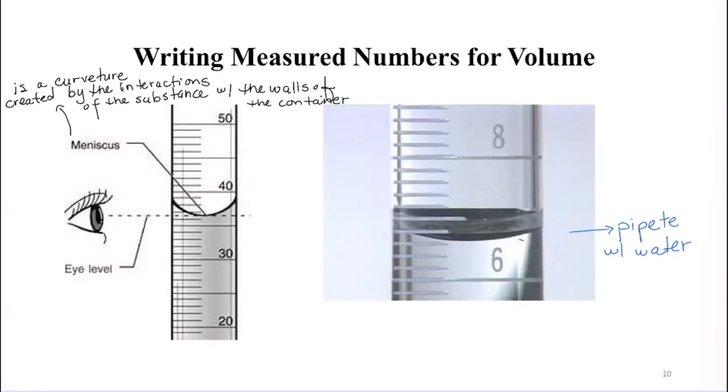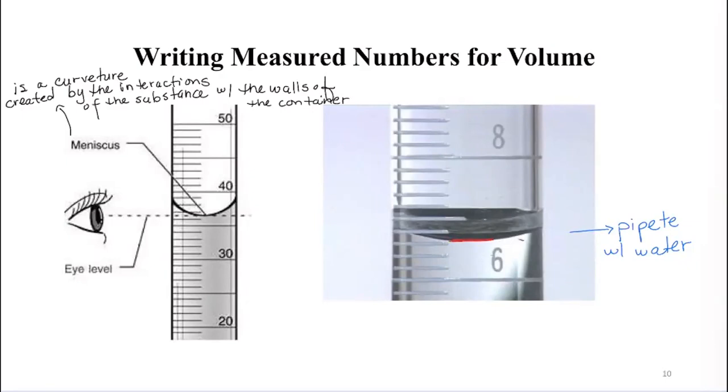Now, when we are measuring the volume of how much water do we really have in this pipette, we need to focus on here. Oh, it's hard to see the line. Let me choose a different color. Let me use a red one. So we need to look specifically here.